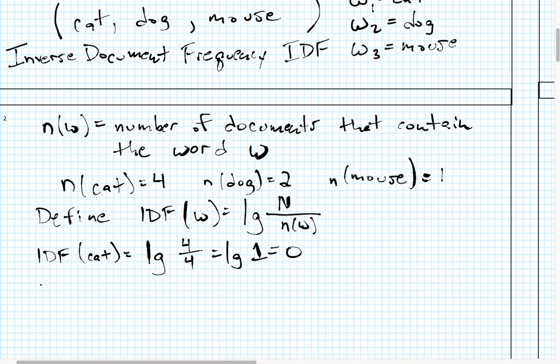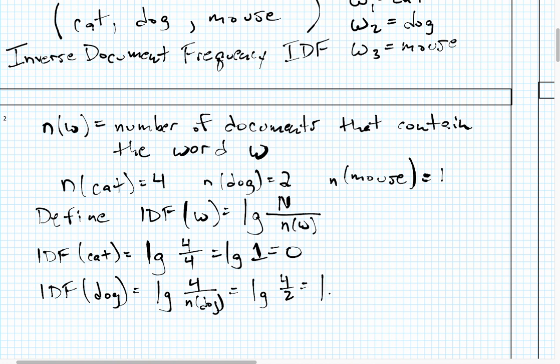If I come over here and I talk about the IDF of dog, that is equal to log base 2 of 4 over n of dog, which is log base 2 of 4 over 2, which is log base 2 of 2, which is equal to 1.